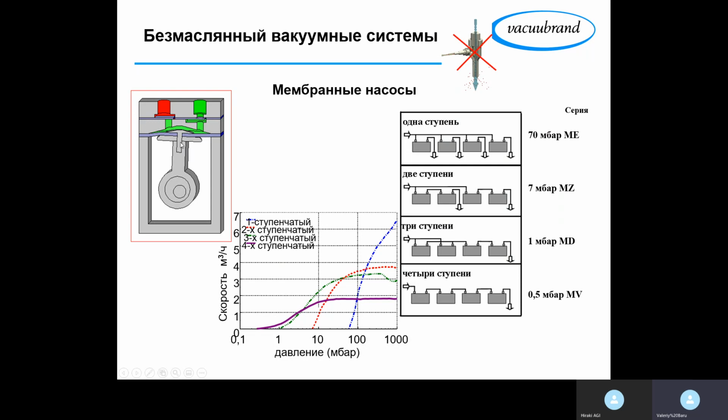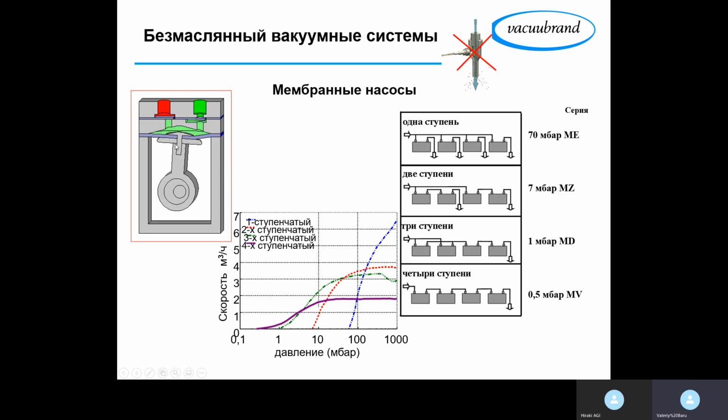When the membrane goes down, this valve opens, and this valve cannot move down because it is located on the other side of the chamber. So when the membrane goes down, it only sticks even more tightly to this part of the vacuum chamber.